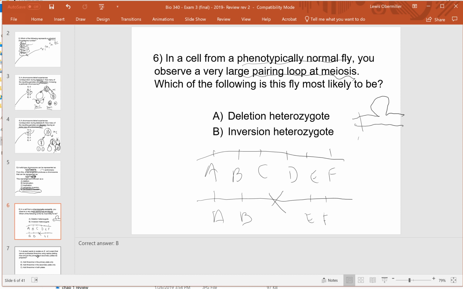So we'd have A and B, this one, and then this is E and F. This one doesn't have a C and a D to pair with, so it looks kind of like this. So an inversion would be more like this.